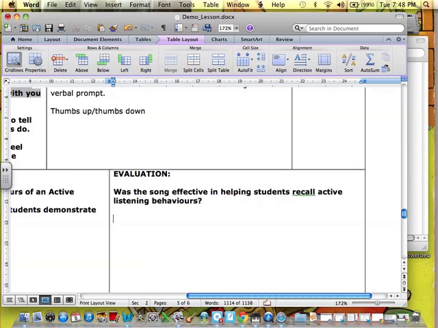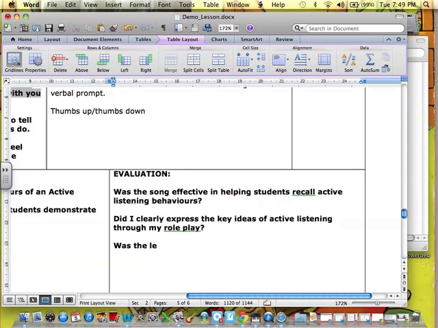Another evaluation question I might say is, did I clearly express the key ideas of active listening through my role play?